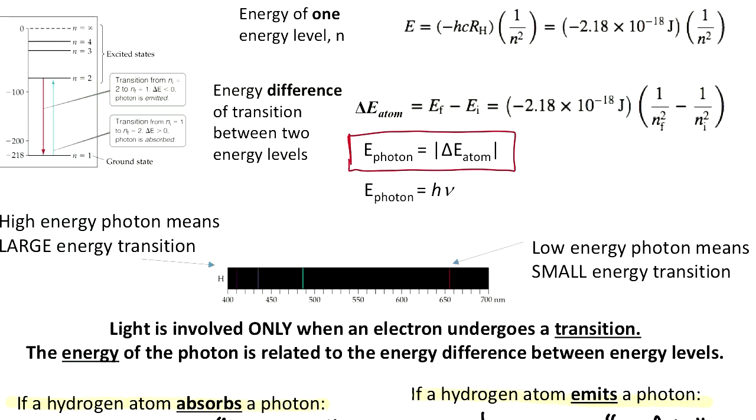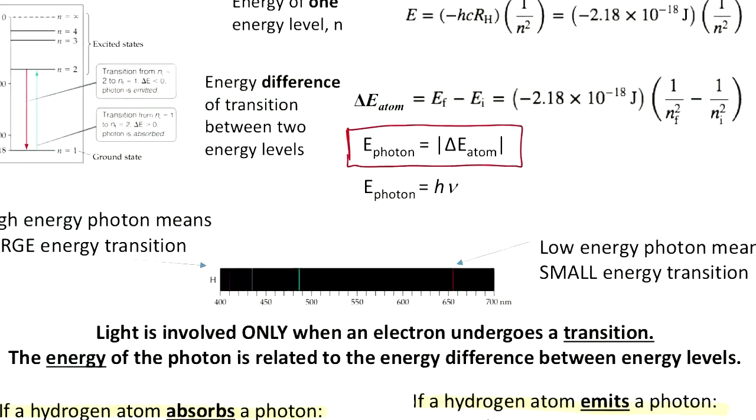In order to do that, in order to go up rungs on a ladder or down rungs on a ladder, light is involved. Light is energy, all right? So what we see here is that the light that is involved, or the energy that's involved with these electron transitions, is related to the light of the photon, all right? So earlier we talked about the energy of one energy level.